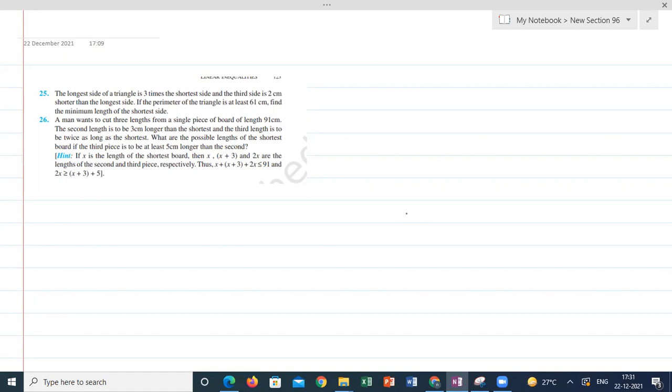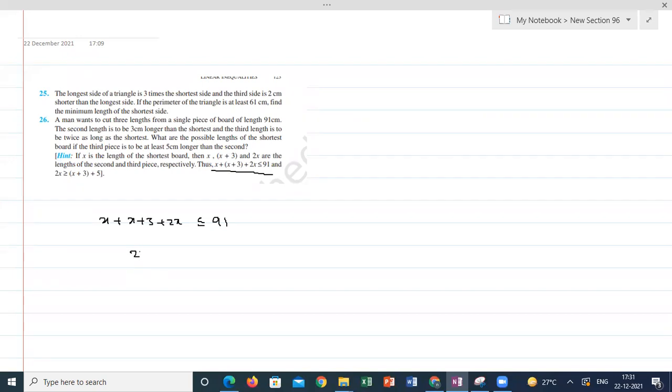You can do it separately, or combining both inequalities will also give the answer. I'm simplifying the first one: x plus 3 plus 2x less than or equal to 91.